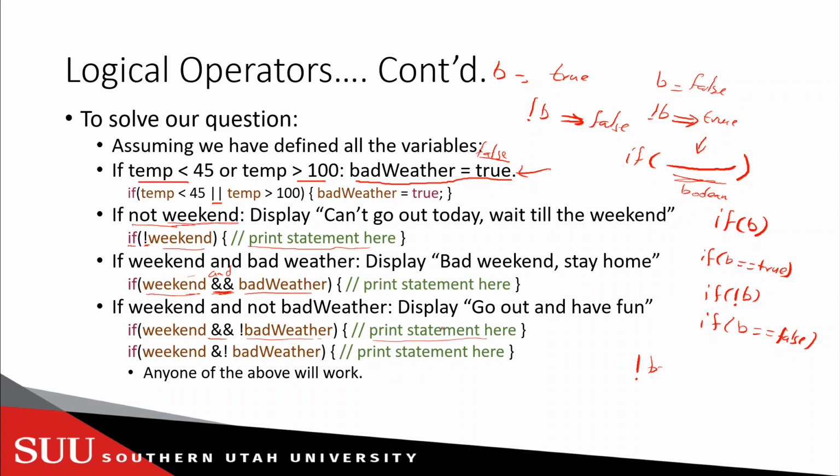Now again, there is another way to write it. I can just use one and followed immediately by the exclamation mark. So it's either I have and then follow it by saying not the Boolean, or I can just say and not bad weather, and any one of the above will work. And this is logical operators.